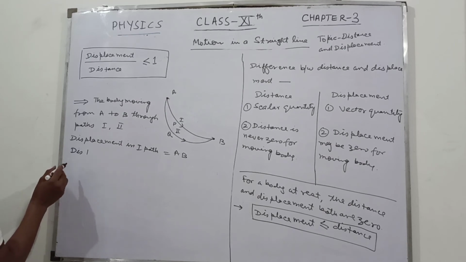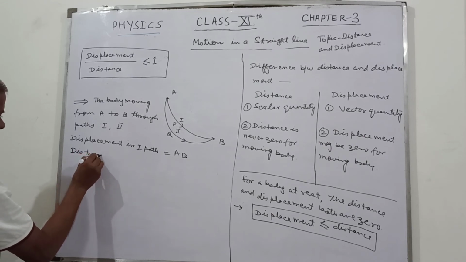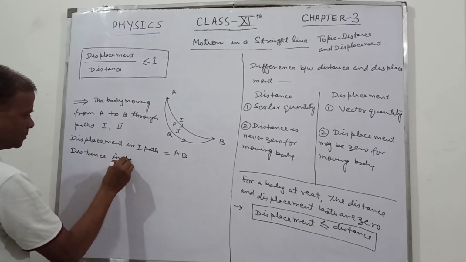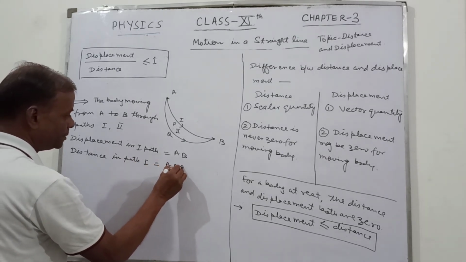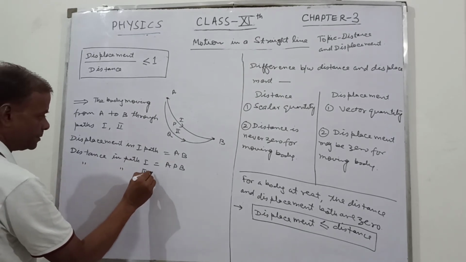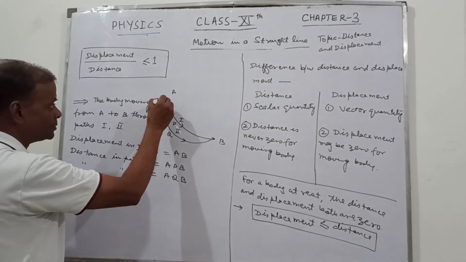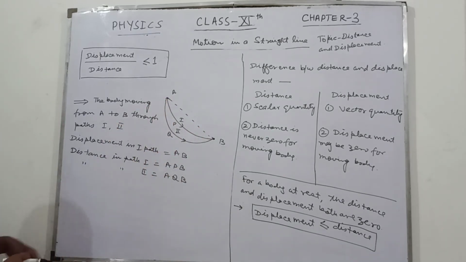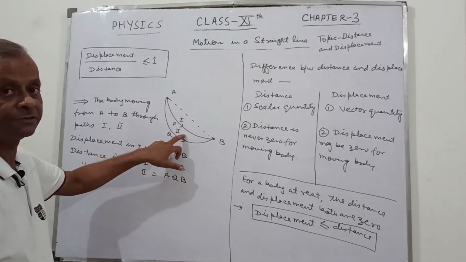So the distance in path first is equal to A, P, B. This is not so much. And distance in path second is equal to A, Q, B. So displacement is so much. This is not displacement. So what we see is that this displacement is minimum in comparison to path first and path second.